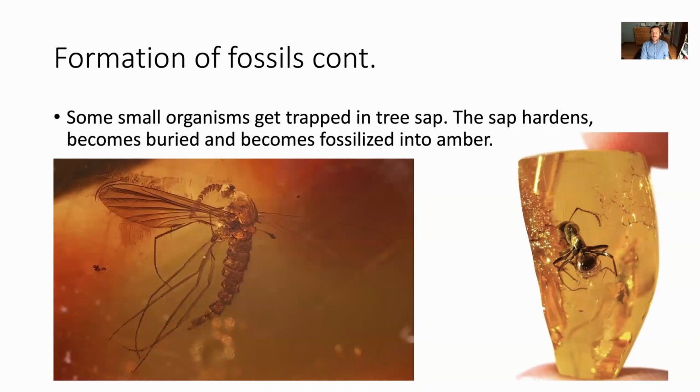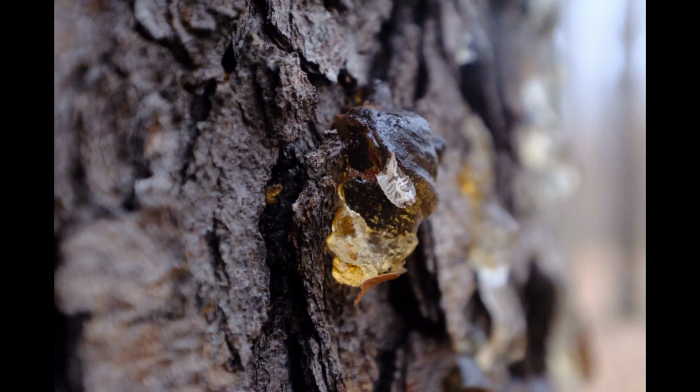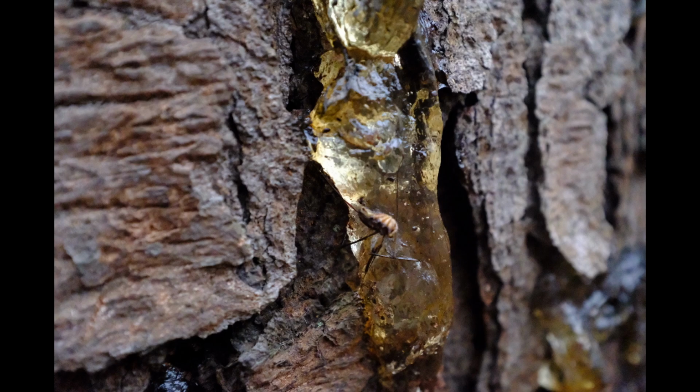Now, some organisms get trapped in tree sap. The sap hardens and becomes buried and becomes fossilized into amber. Now, as I was hiking this past summer, I found a lot of cherry trees that were emitting this sap, and that sap actually had tiny potato bugs, these isopods, trapped inside, and they were already dead.